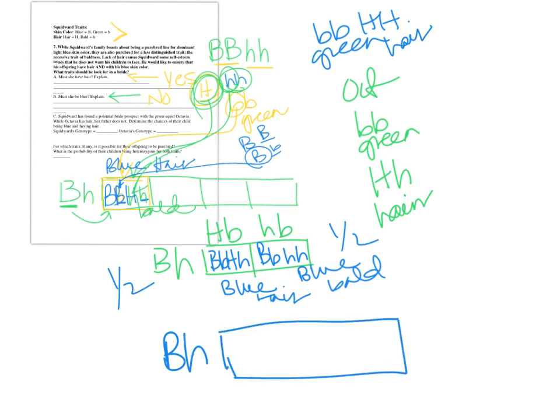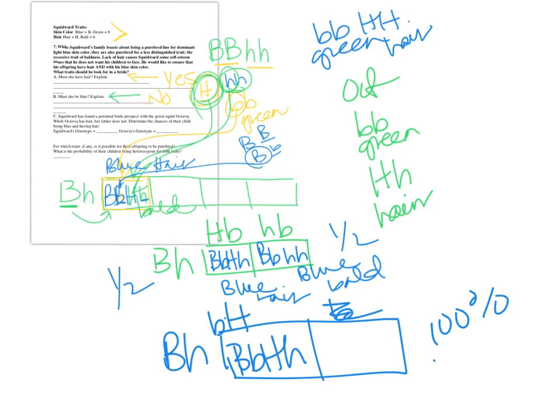And it would be little b, big H, little b. Oh, no, we don't even need one. They'll all be that. Big B, big H, little h. They'll be 100% heterozygous, but they'll be blue with hair. So there you go. That is dihybrid crosses. Thank you so much for doing SpongeBob genetics.